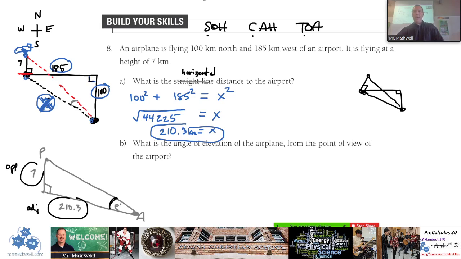So O and A go with tangent. That means I can write an equation. Let's do A, since you usually name the angle by the letter at the point. So tan of A equals opposite, 7, over adjacent, 210.3.